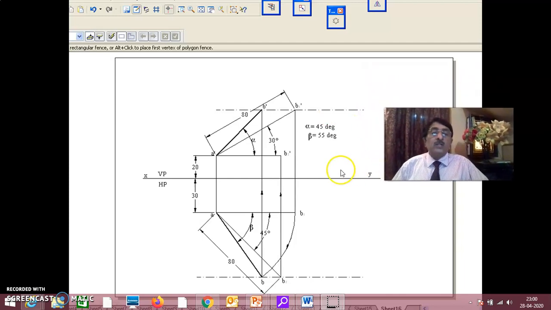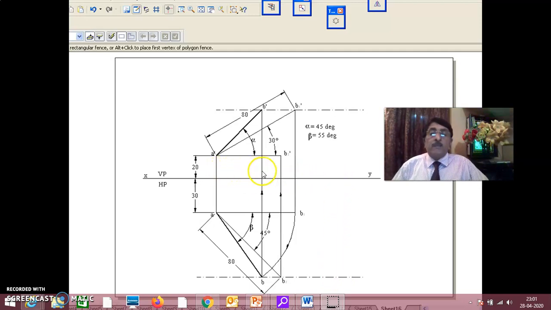This is the distance of end B above HP. If this is changed, now it may be some 70 mm, I don't know, whatever is the distance. If this distance is changed, the projections will change. This is the distance in front of VP. If this is changed, the projections will change.